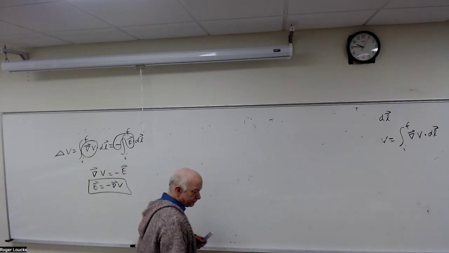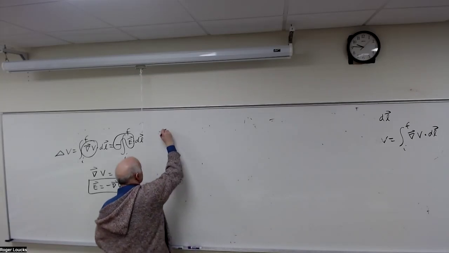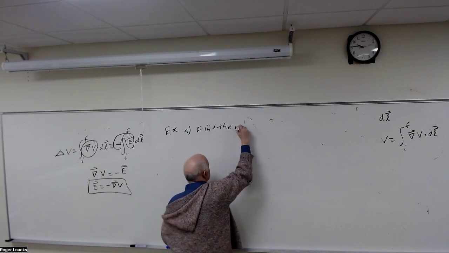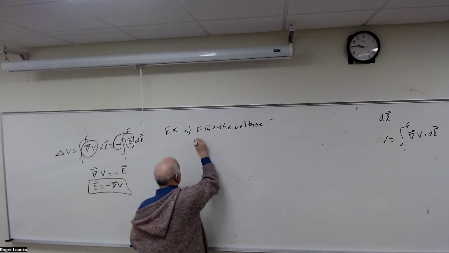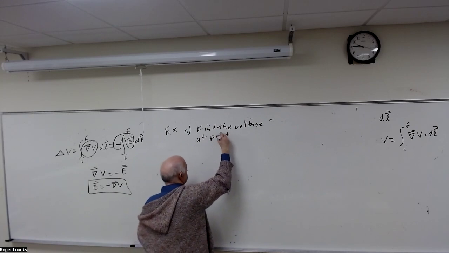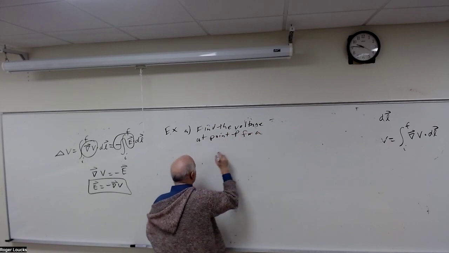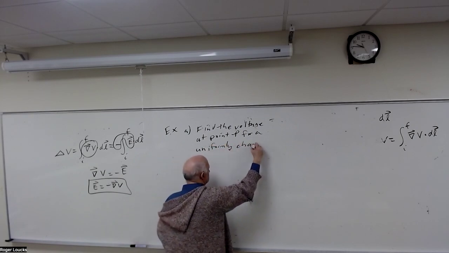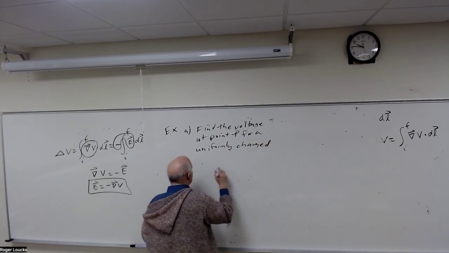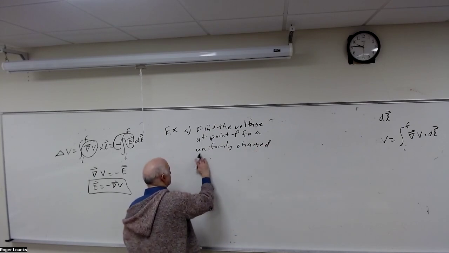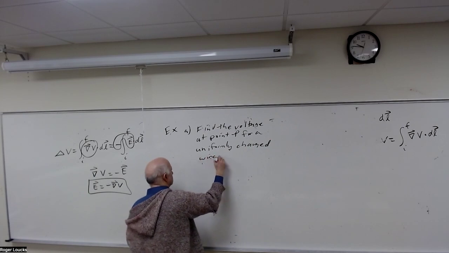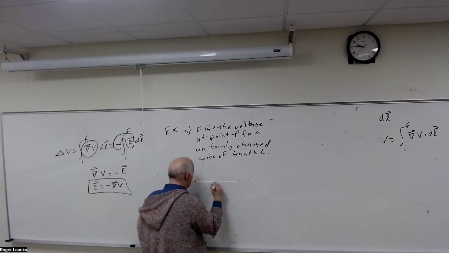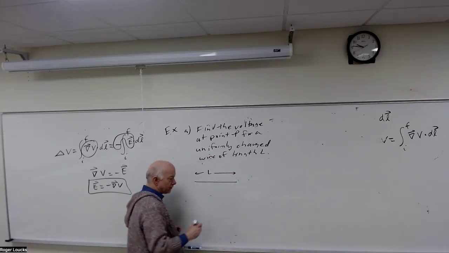Okay, so let's do an example. Find the voltage at point P for a uniformly charged finite wire, a wire of length L. Here's a wire, it has length L, like this.